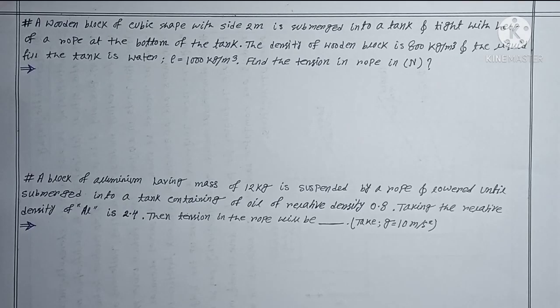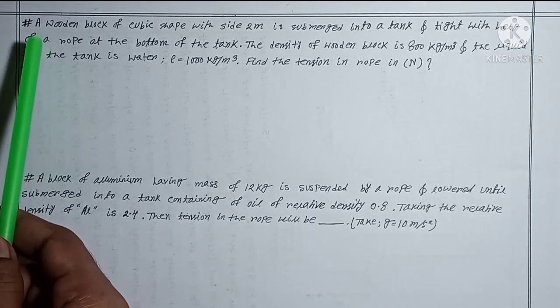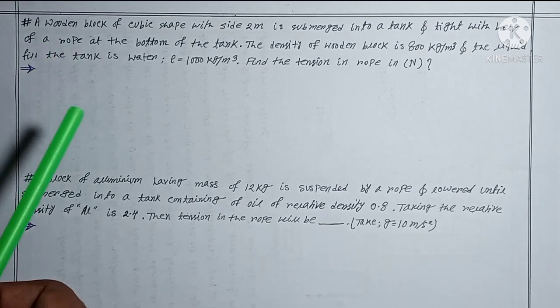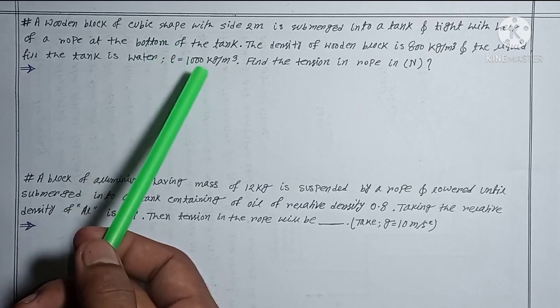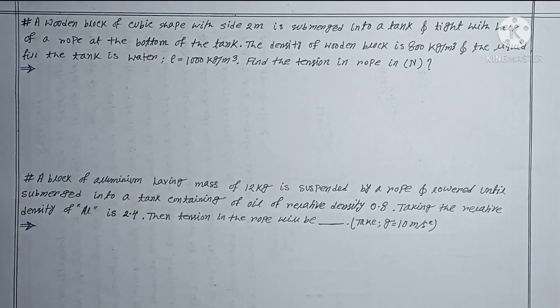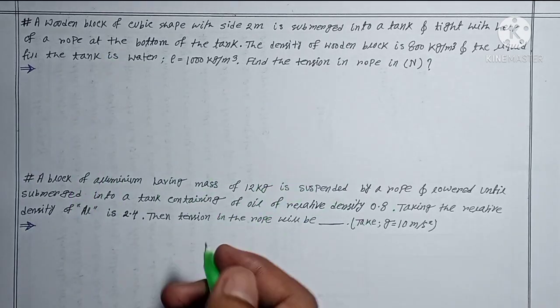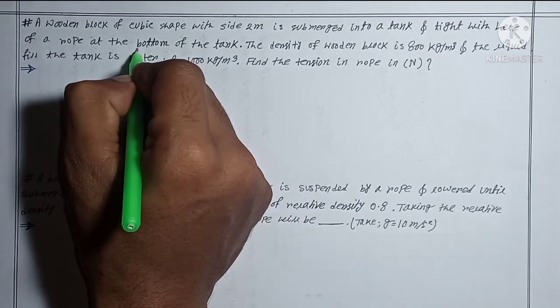Now with the help of the concepts we have learned up to now, let's try to solve this question. In the first question, they say that a wooden block of cubic shape with side 2 meter is submerged in a tank and tied with the help of a rope at the bottom of the tank, where the rope is vertically attached.